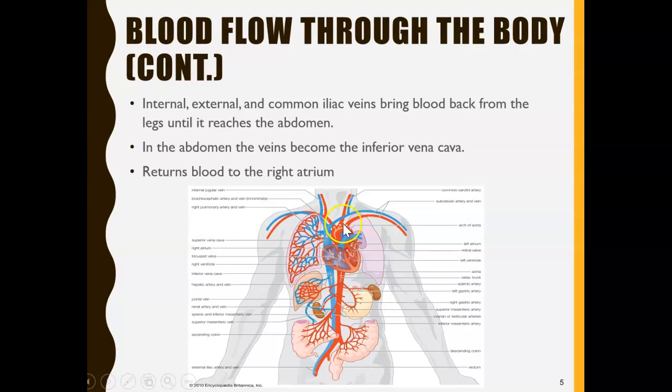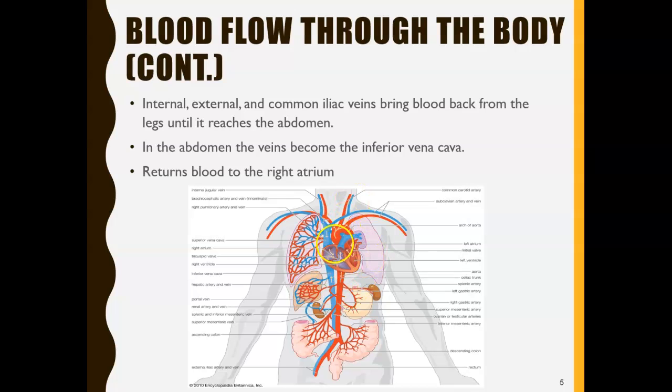If the blood is going away from the heart, it's going through the artery. If the blood is coming to the heart, then it's coming through a vein. The way you can remember it is artery starts with A, away starts with A.